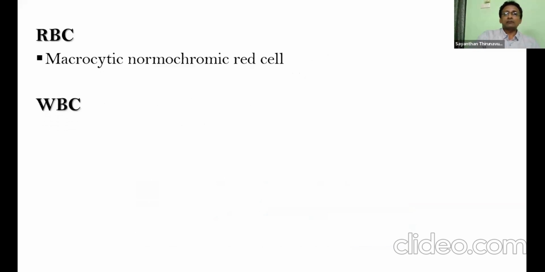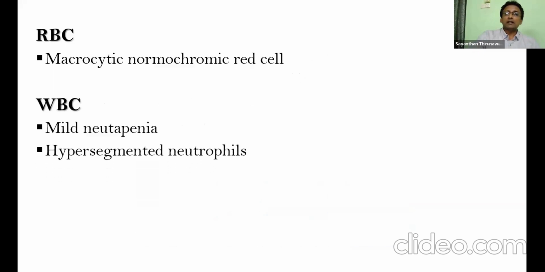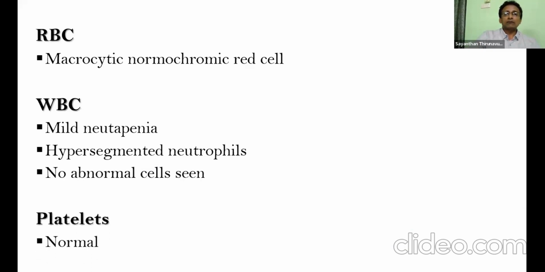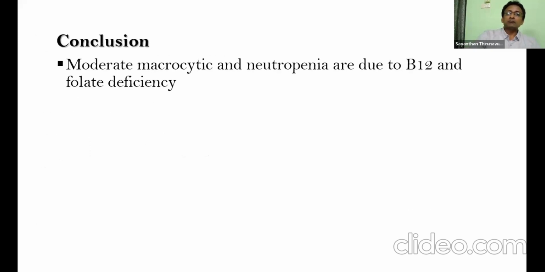WBC: mild neutropenia noted, hypersegmented neutrophils, which as you all know indicate B12 deficiency, but there's no abnormal cell like hematological malignancy. Platelet was normal. So the conclusion by the hematologist: moderate macrocytosis and neutropenia are due to B12 and folate deficiency.